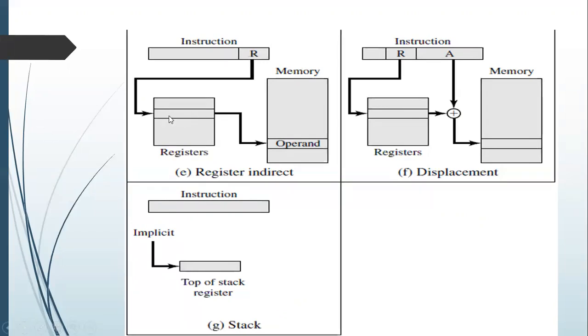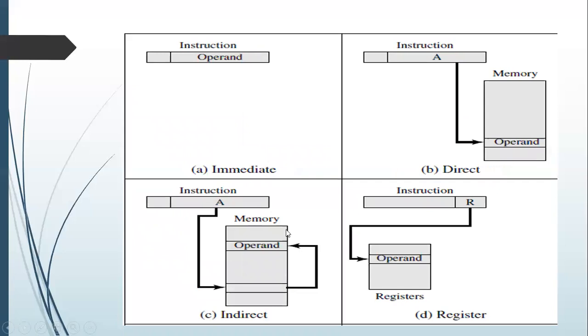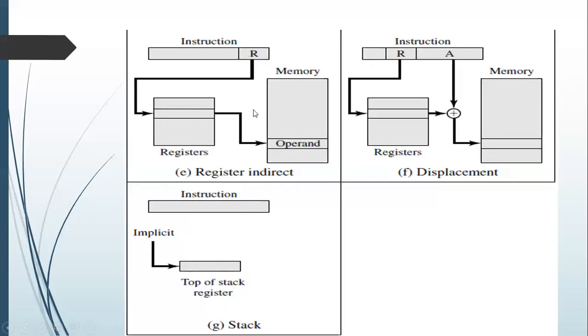So at the 500th address, it will count 0, 1, 2, 3 up to 500. At the 500th location the operand will be stored, and that operand will be fetched and then stored in your memory buffer register. So it is again the same thing as indirect addressing mode. The only difference is that here you are not specifying an address from memory, we are specifying one of the processor registers.